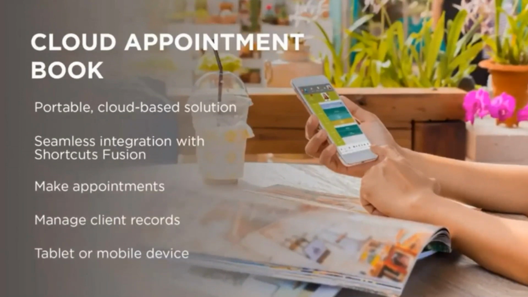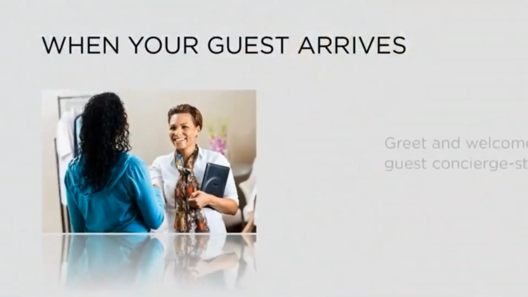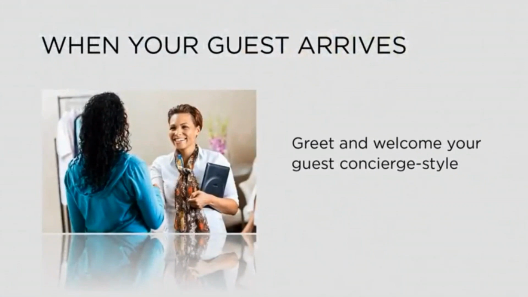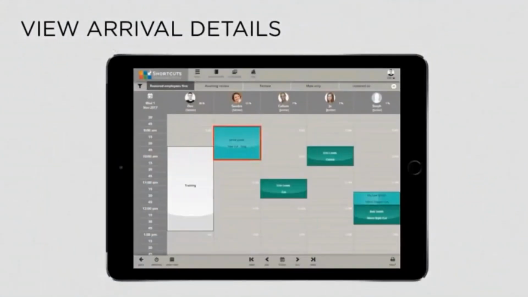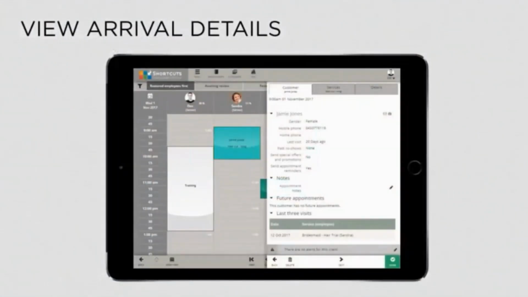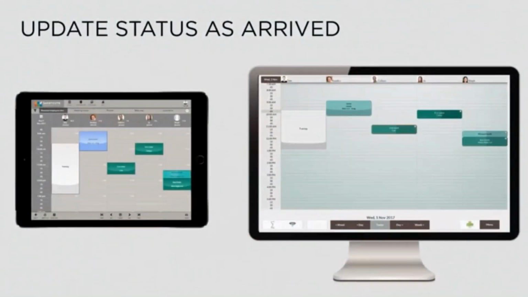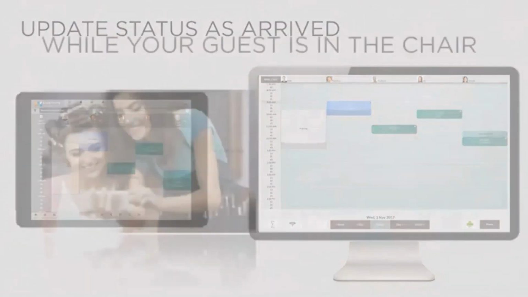So just like I said previously, if you have a tablet or your phone, this is a portable cloud-based version of accessing the Shortcuts Appointment Book. On a tablet, for example, you can make appointments, you can access customer history, you can access customer notes.